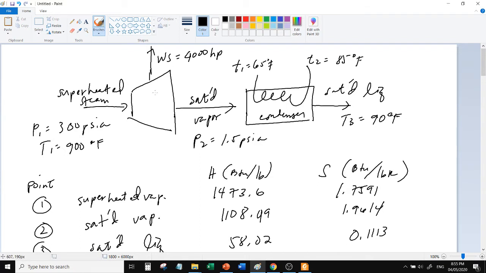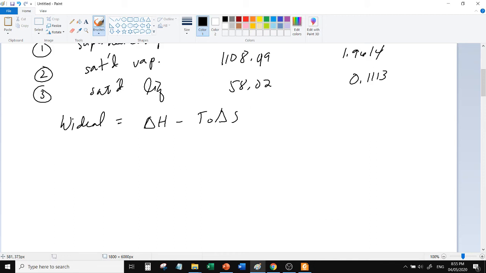Pero, we consider the whole process kasi it's a work producing process, and sa work producing process yung work ideal natin nandun siya sa total. So we consider the whole process for this one, H3 minus H1 minus T naught times S3 minus S1. This is for our work producing process.